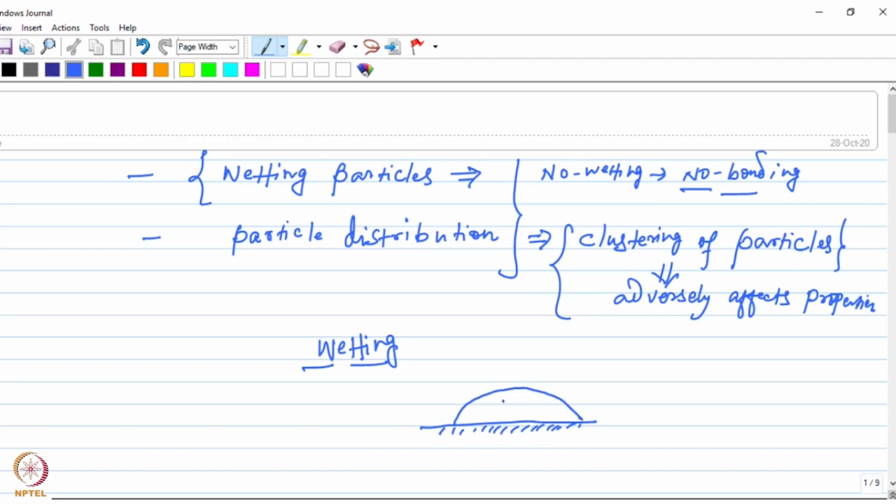So let's say this is the liquid drop which is sitting on a solid surface. How good will be the wetting between the liquid and this solid surface? That would be decided by this angle, which is known as the contact angle.